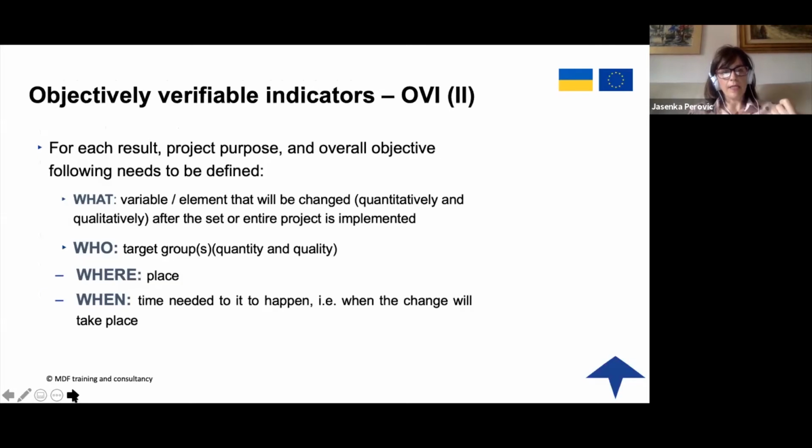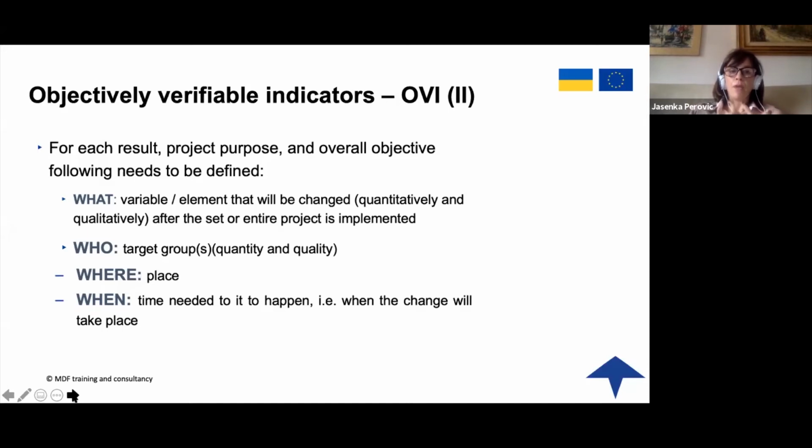Again, you should pay attention. There is always a tendency with the applicants that you either define indicators that are really not relevant to the result or the project purpose or the impact, so they are really not measuring. So you have to think, do they really measure it? Then you either provide too many of them, and you have to ask, can we really measure them?